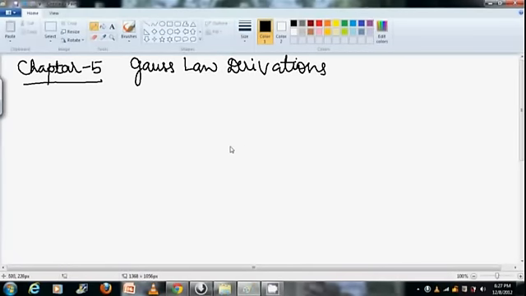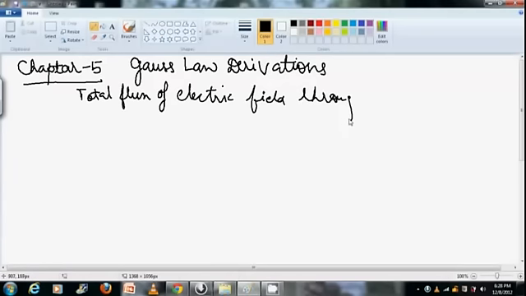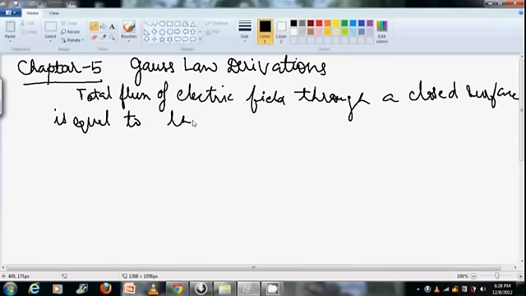Hi there. If somebody asks you what Gauss law is, or what Gauss law states, then Gauss law states that the total flux of electric field through a closed surface is equal to the quantity of charge inside.